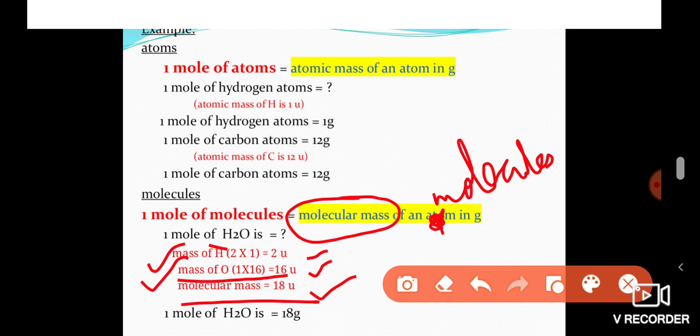So 1 mole of molecules is equal to the molecular mass of a molecule in grams. Here we mentioned the molecular mass in U, but for moles we express it in grams. So 1 mole of H2O contains 18 grams of H2O.